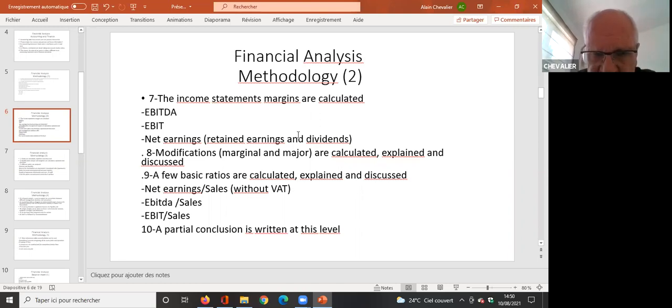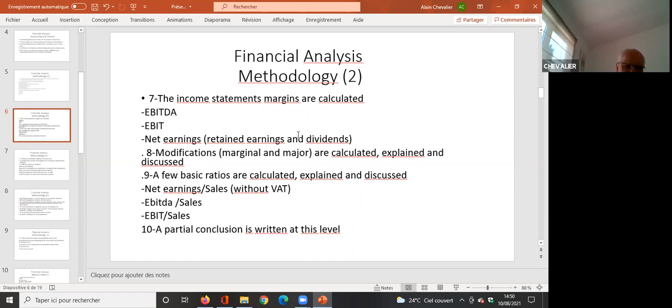Point 9, after the simplified balance sheet analysis and the simplified income statement analysis, we move to a few basic ratios.